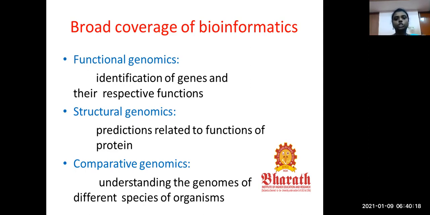Then structural genomics, where we can predict the functions of proteins. We may not be clear about a protein's function, but we can predict it using this bioinformatics tool. Then comparative genomics, where we can understand the genomes of different species of organisms. There is a variety of species, and each has a different genome.